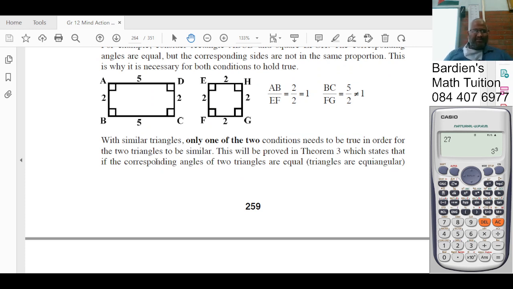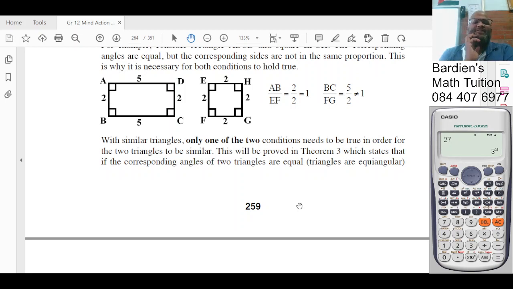With similar triangles, only one of the two conditions needs to be true in order for the two triangles to be similar. Okay, here we were busy with a four-sided figure.